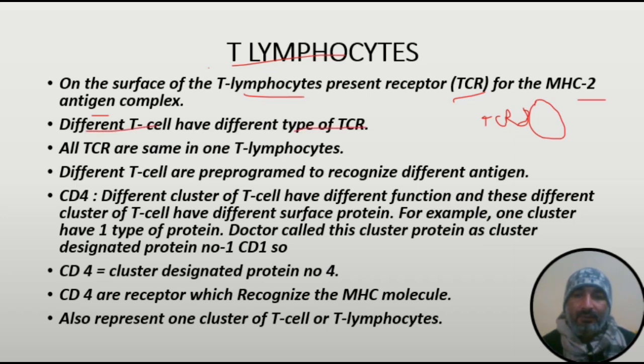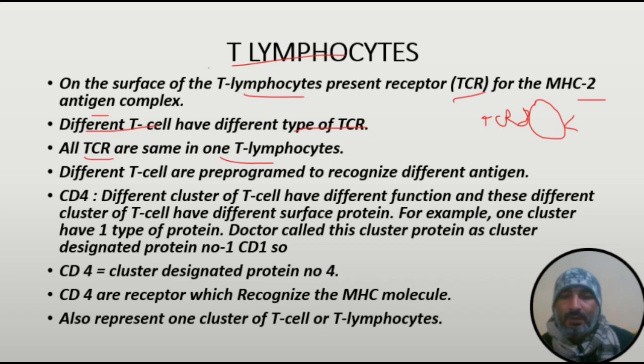It means that, for example, this T cell has a TCR that is a cup shape, maybe another T cell has a V shape TCR. So different cells have different TCRs, but all TCRs are the same in one T lymphocyte.